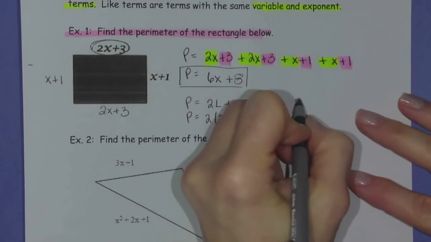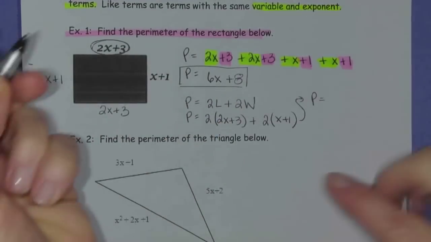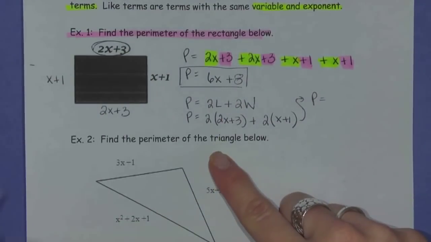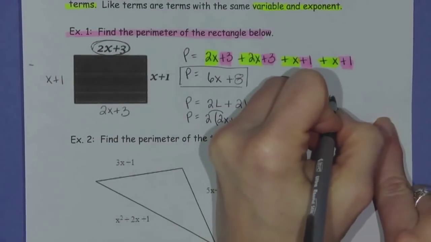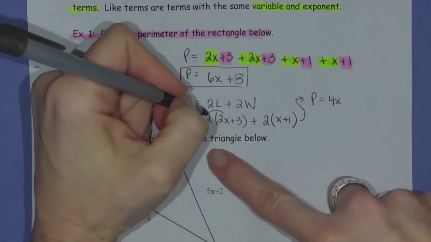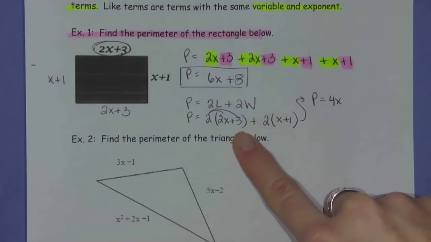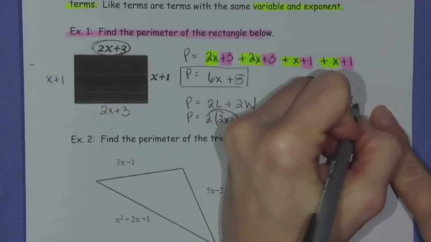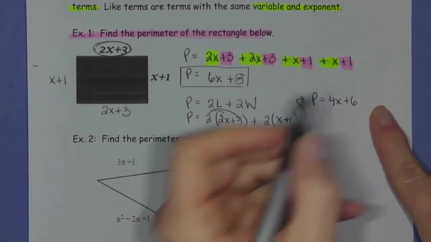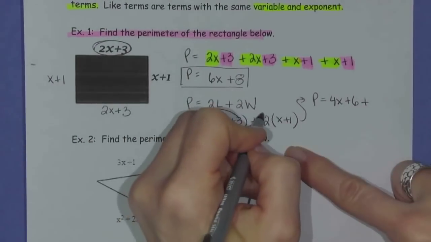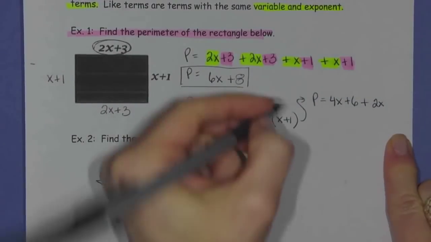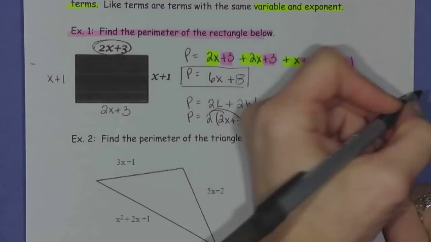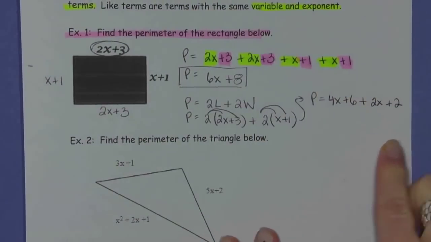So let's continue on here. P would equal, if I use the distributive property, 2 times 2x, which is 4x, and 2 times positive 3, which is positive 6, and then plus 2 times x is 2x, and 2 times positive 1 is positive 2.